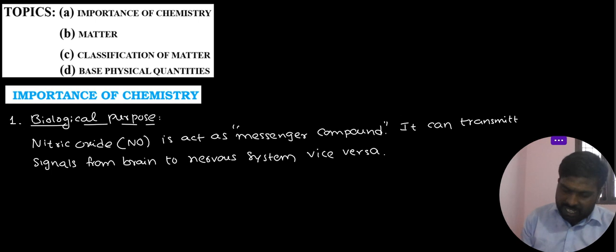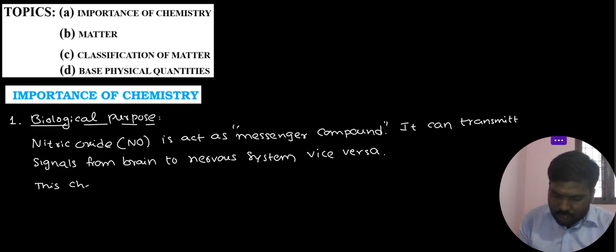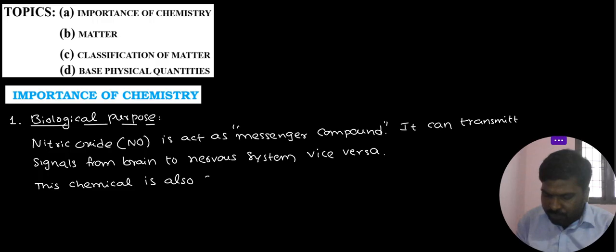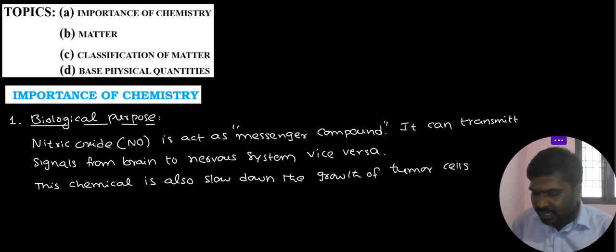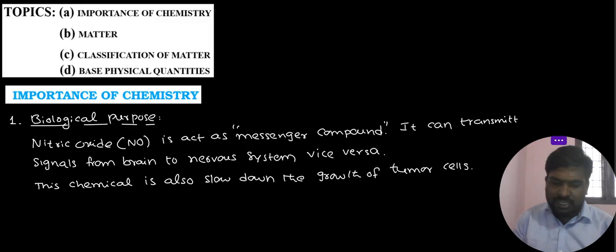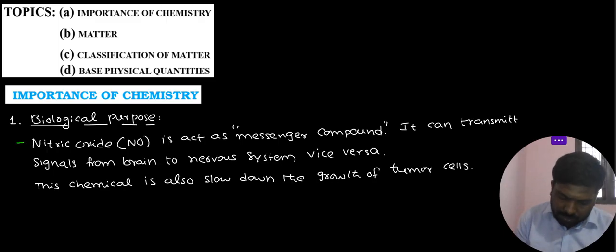And this nitric oxide, this chemical, also slows down the growth of tumor cells in the human body.